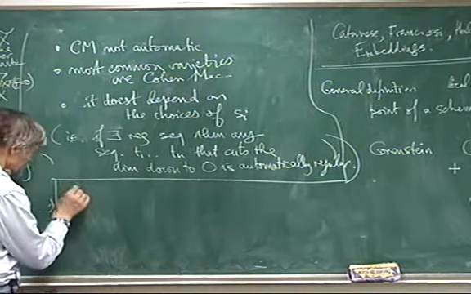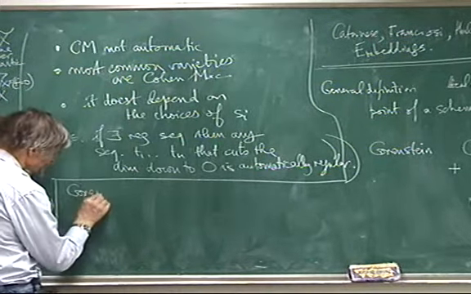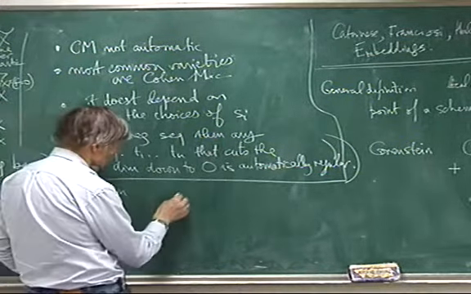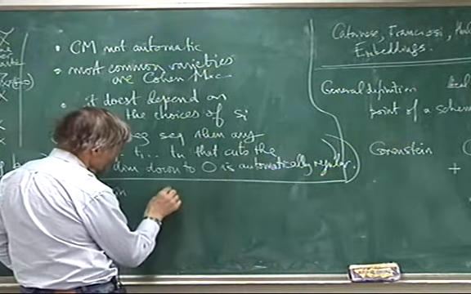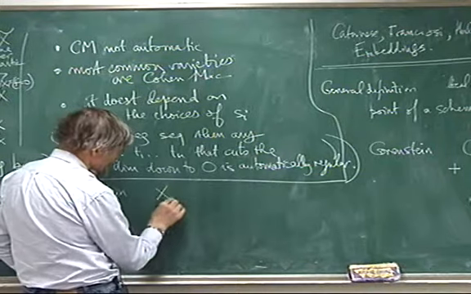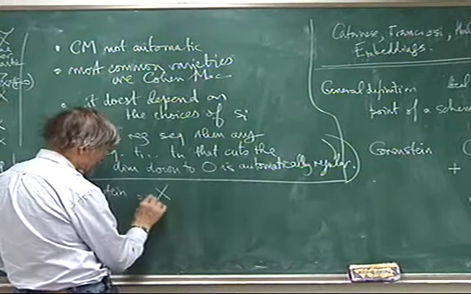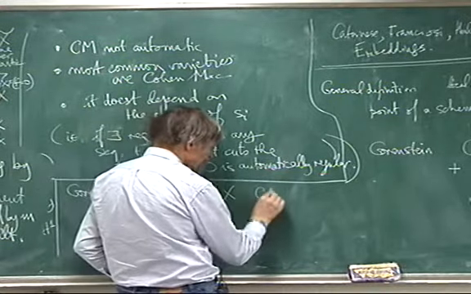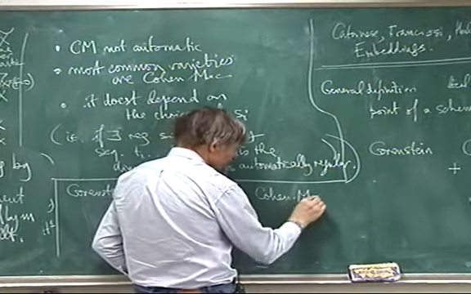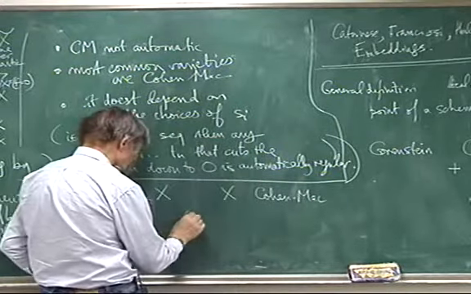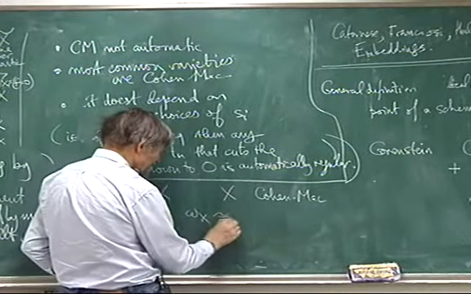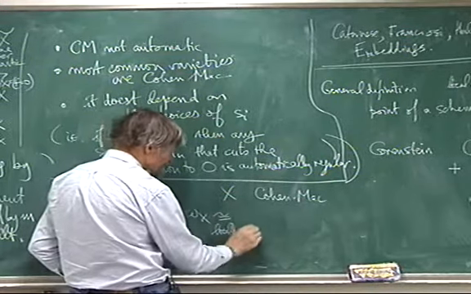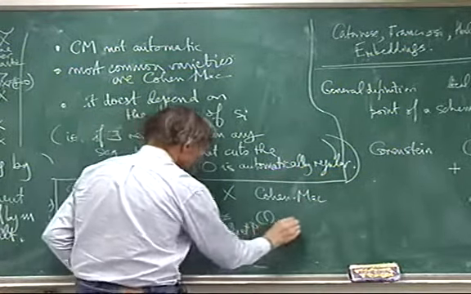Okay, so now I'm going to say Gorenstein, and I'm going to give one or two examples. What I want is X, and a point P in X. I want that X is Cohen-Macaulay, and I want that omega X is locally at P isomorphic to OX.